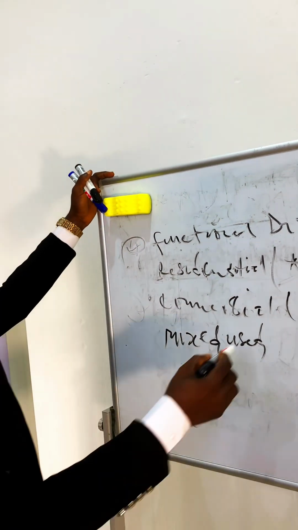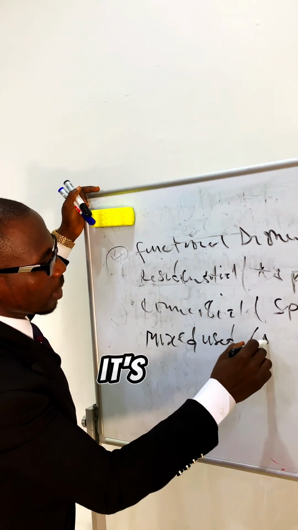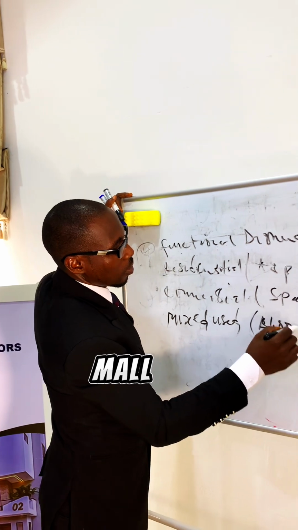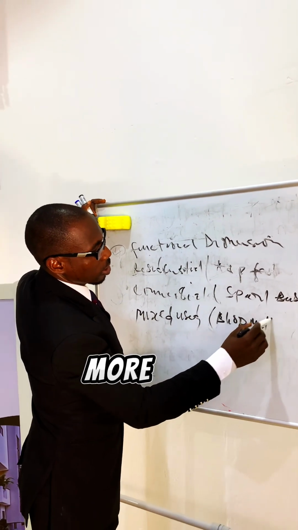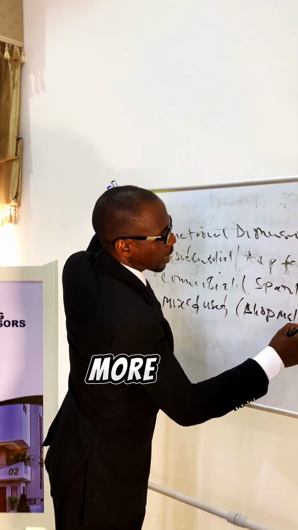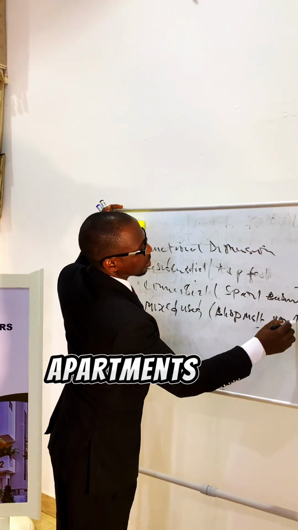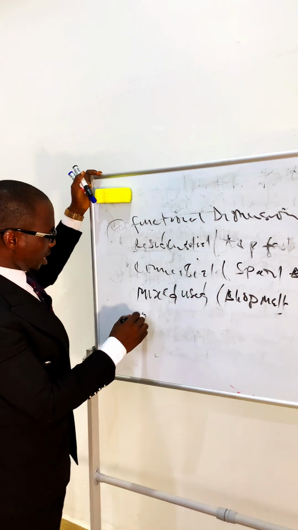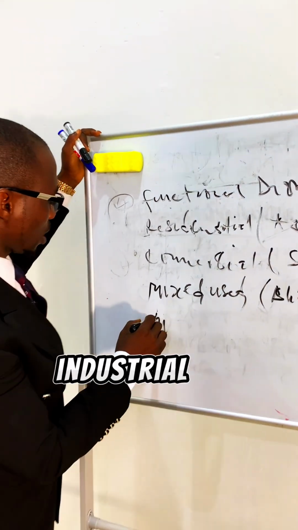This tells you that it's a combination of, let's say, shops or malls and apartments. And then you have industrial or agricultural.